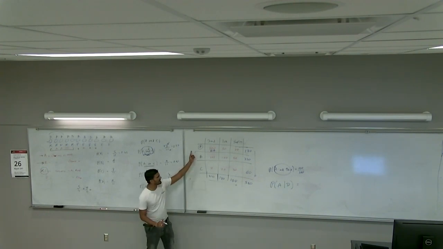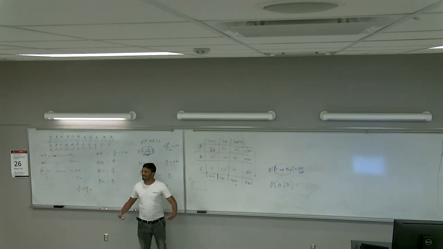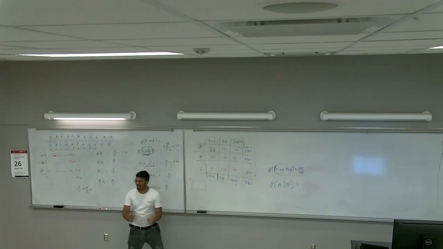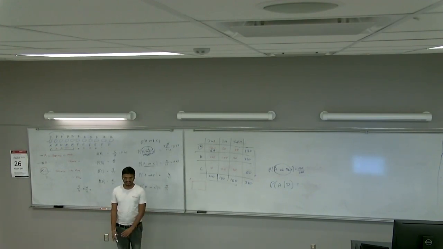Probability of finding type A given the trees are dead. What's the meaning of that? If we separate out all the dead trees in the forest, from that, what is the probability of finding a tree of type A?